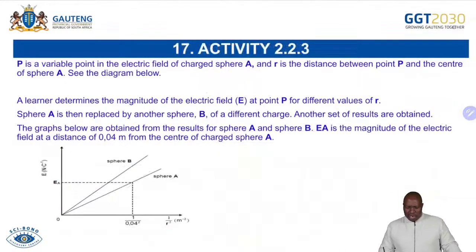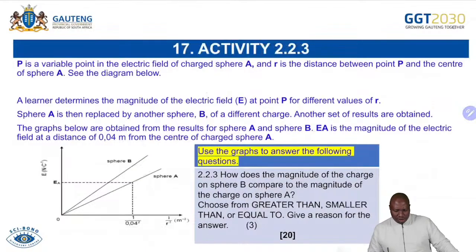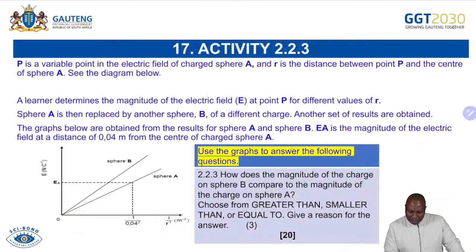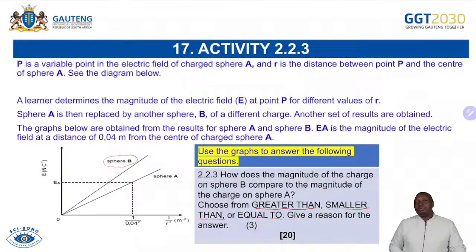Now, here is our next question. It says, how does the magnitude of the charge on sphere B compare to the magnitude of the charge on sphere A? Choose from greater than, smaller than, or equal to.